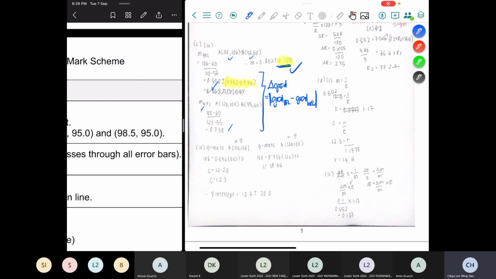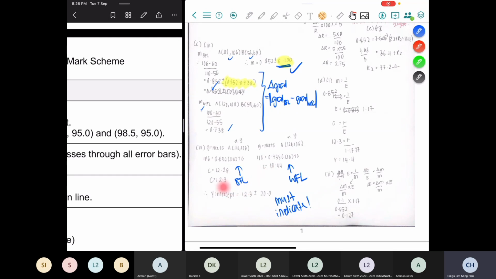So you have to label this one is for the best fit line, and this one is for the worst fit line. Yeah. So make sure you mention this in the exam. Okay. You must indicate. If you don't indicate, they will have a chance to penalize you. So we don't want to give the marker a chance.